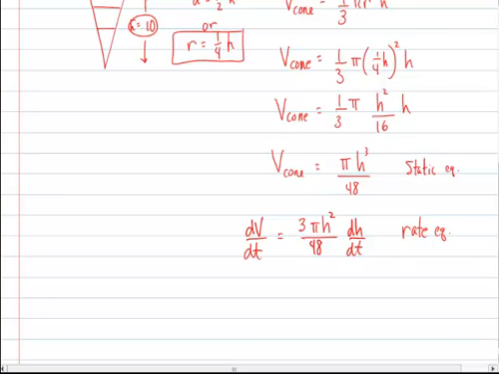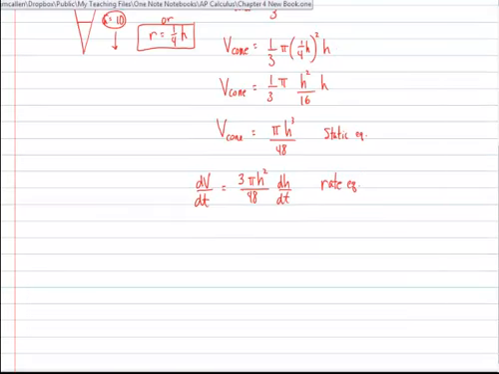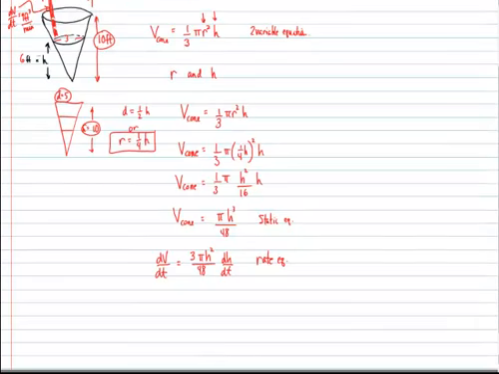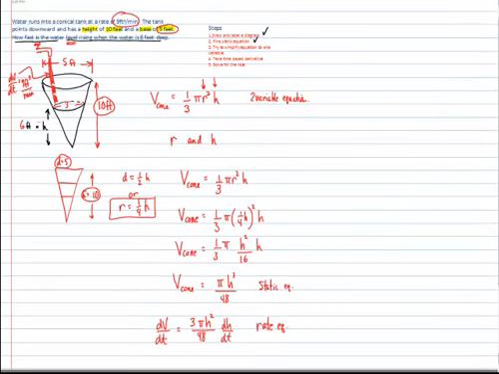Now I'm going to zoom out so we can look at our given information again. Hopefully it all fits on one screen. And now all we need to do to solve the rest of this equation is to plug the information into the proper place. It said, how fast is the water level rising when the water is 6 feet deep?